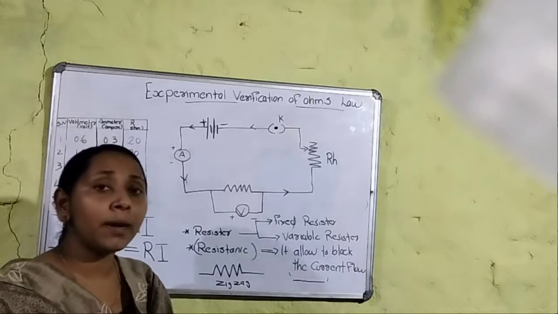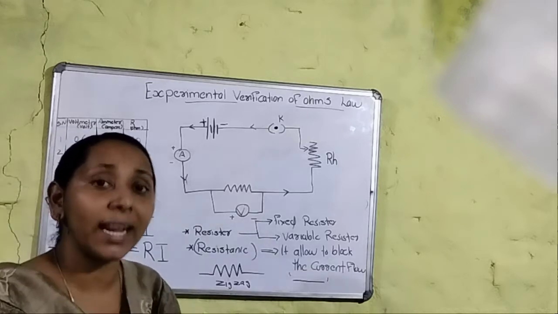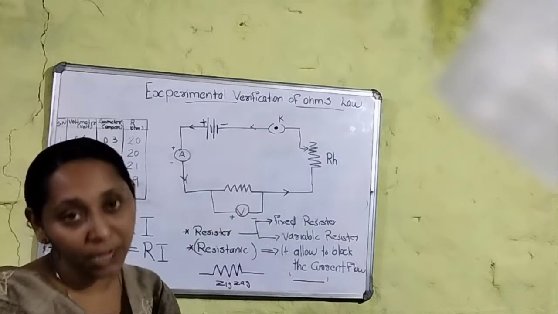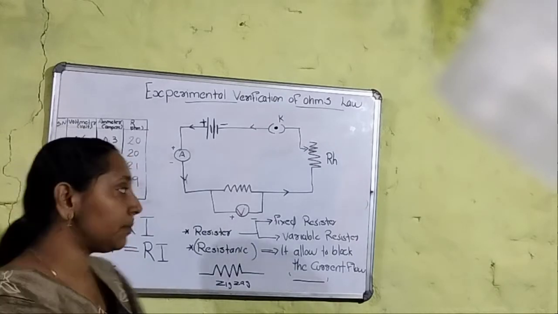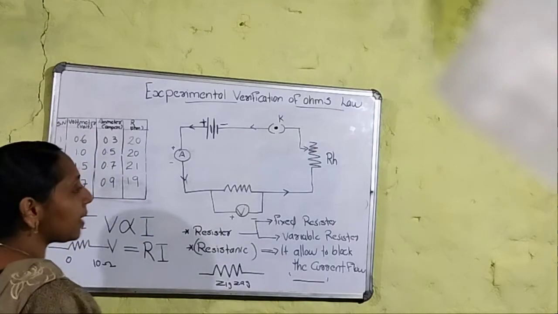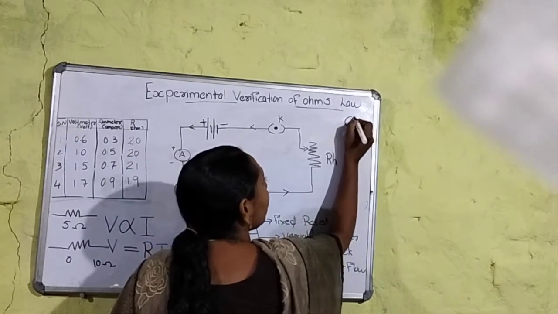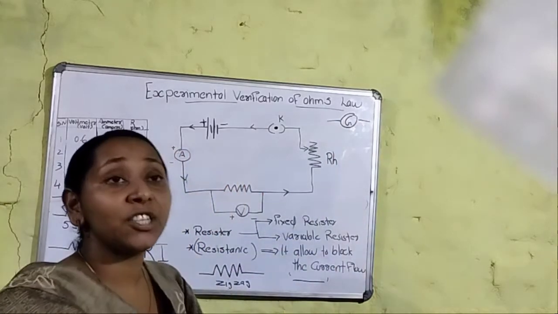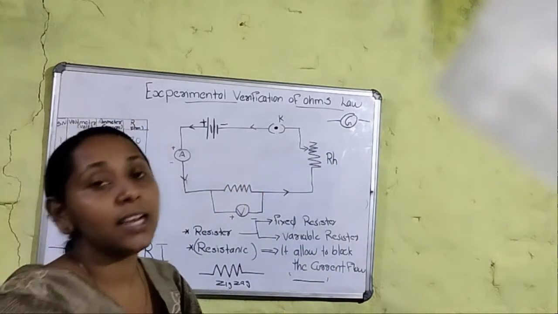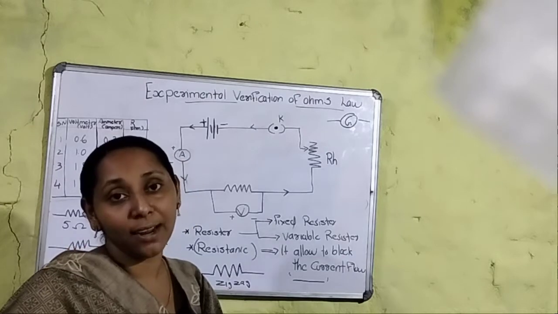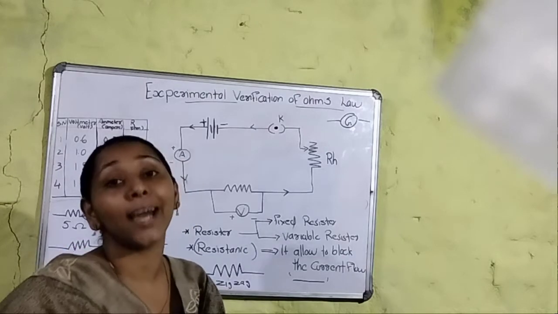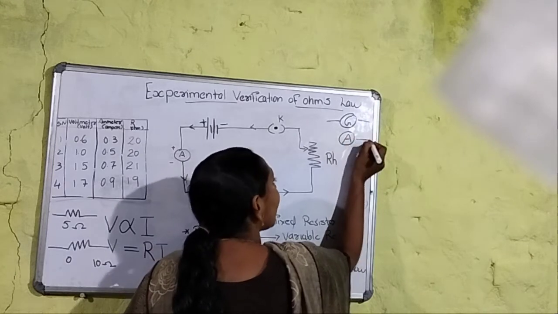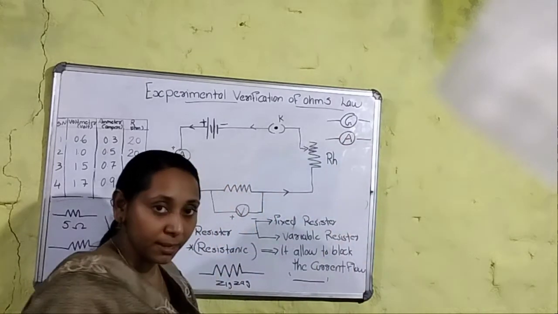One more common piece of equipment we use in circuit diagrams is the galvanometer. Galvanometer and ammeter, what is the difference between them? The galvanometer is denoted by the symbol G. It helps to detect the presence of current, but it does not measure the current. But the ammeter measures the current. That's the difference between them.